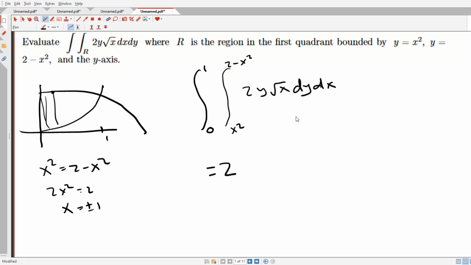No, I can't because of the bounds. Okay, that's fine. So integrating from 0 to 1, root x times the integral from x squared to 2 minus x squared of y dy dx. And I can't pull this out because the bounds depend on x.